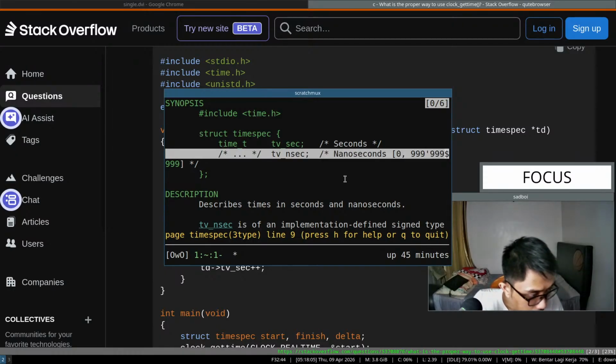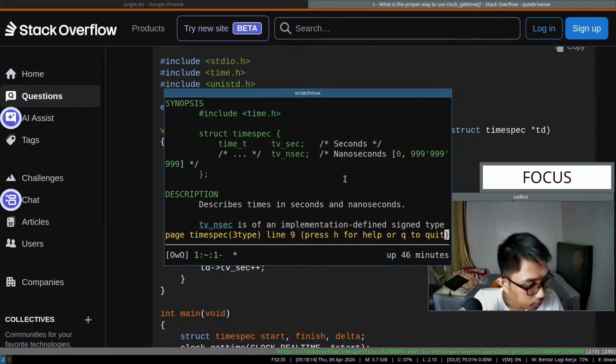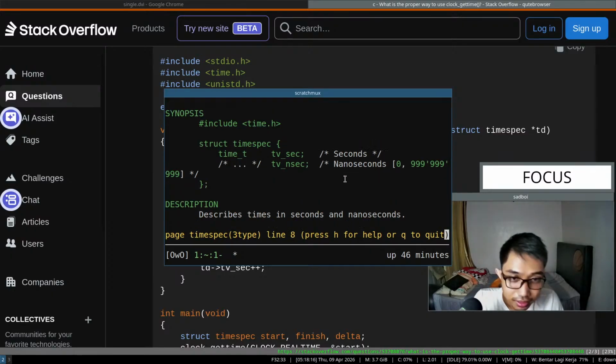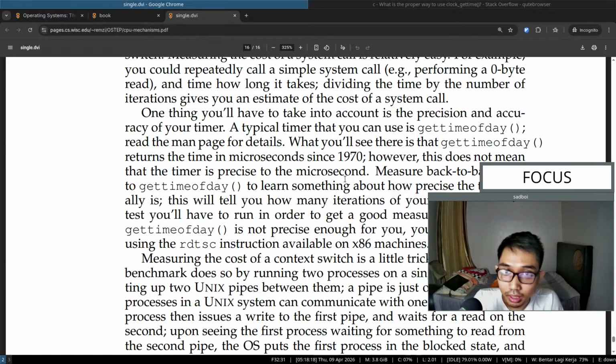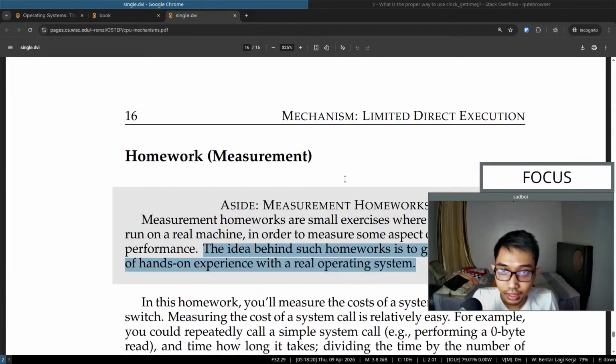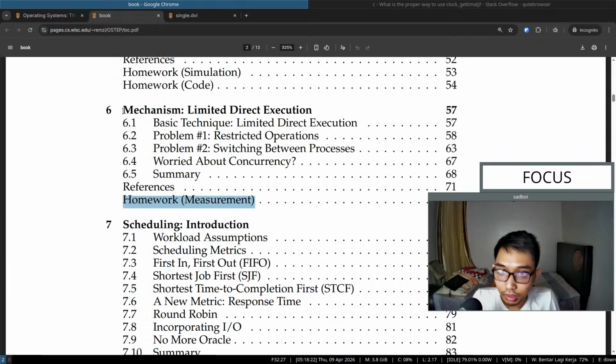Hello, ping pong poing. Welcome. How's your day? Still the same, I guess. Just learning operating system. Currently, we are on chapter 6, on section homework measurement.